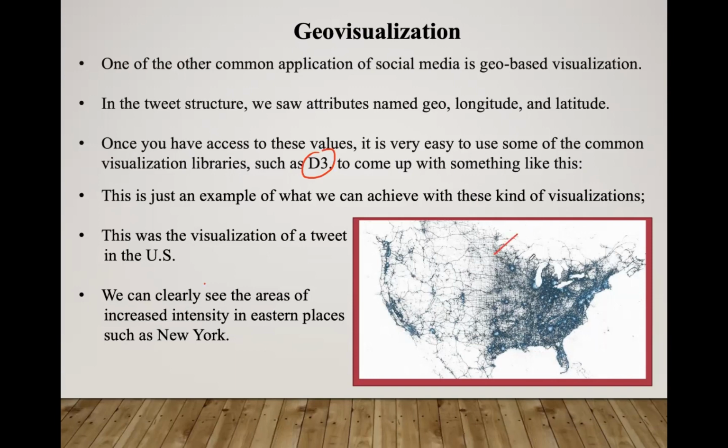This visualization of tweets in the United States exemplifies the potential of such tools, right? We can clearly detect areas of increased intensity in the east, such as New York.